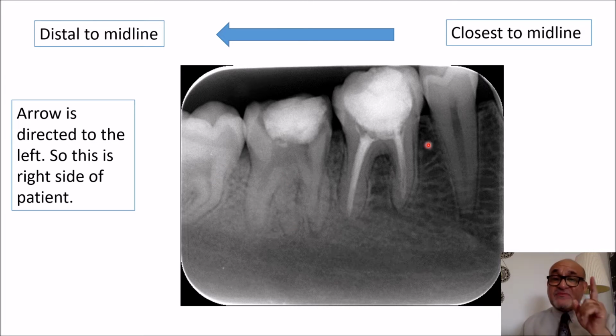So 5, 6, 7, 8, and this is the mandible. Where is the midline? This is the area closest to the midline. From the midline, I will draw an arrow that extends to the distal side, and I will see the direction of the arrow. The arrow here is directed towards the left. It means that this is the right side of the patient.